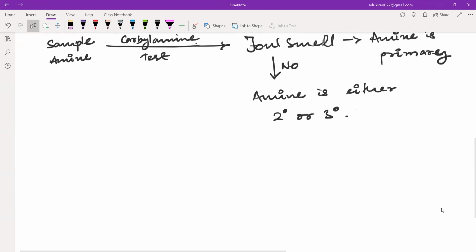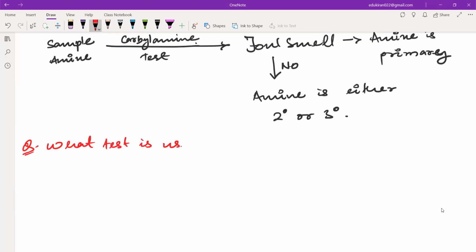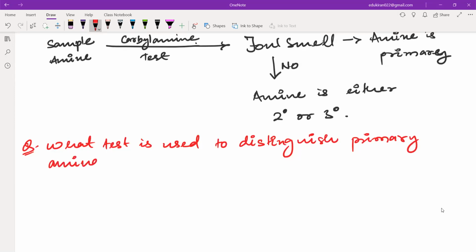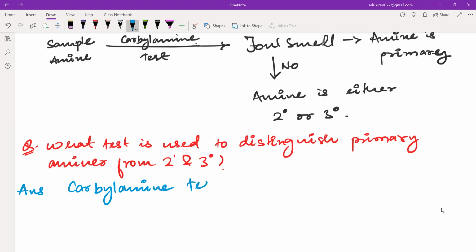Yes, sir. So if you get a question, what test is used to distinguish primary amines from 2 degree and 3 degree amines, your answer is going to be carbylamine test.